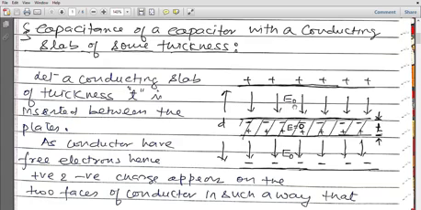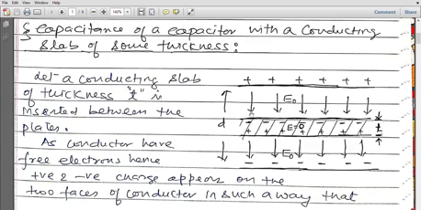Now already we have studied what happens when a conducting slab is placed in an external field. Because of the electric field, free electrons will move opposite to the direction of the electric field. So negative charge gets accumulated on this side of the conductor or metal, and plus charge gets accumulated on this side, and this flow continues till the electric field inside the conductor becomes zero.